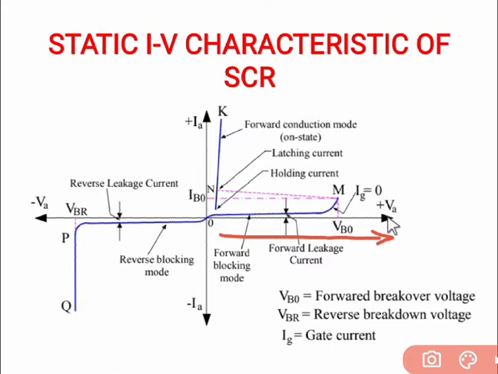When we increase VA up to this value VBO, known as the breakover voltage, the anode current IA increases suddenly from the leakage current to the highest current. At this point the SCR region breaks down and the SCR turns on. This current is known as the latching current.